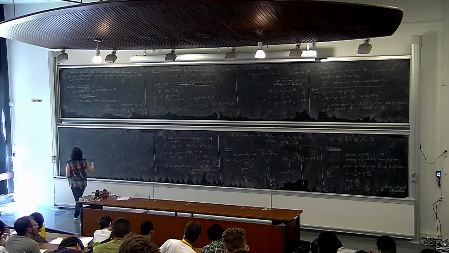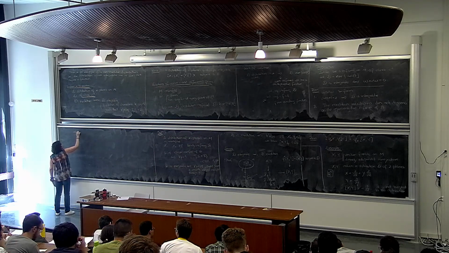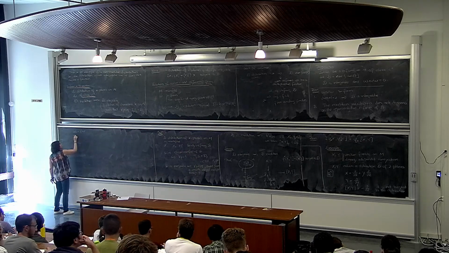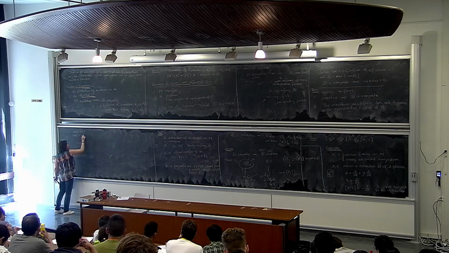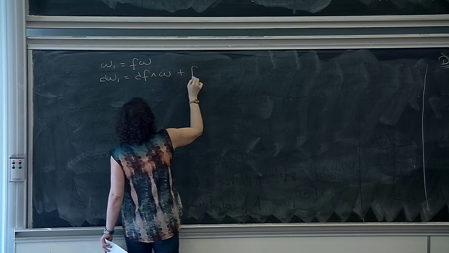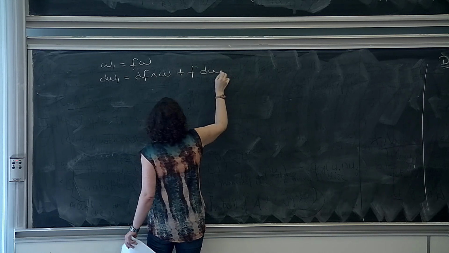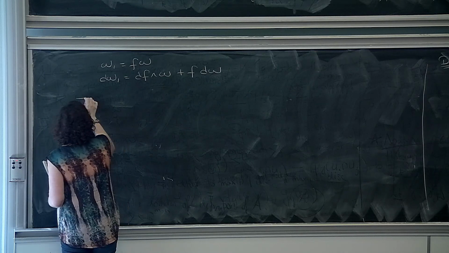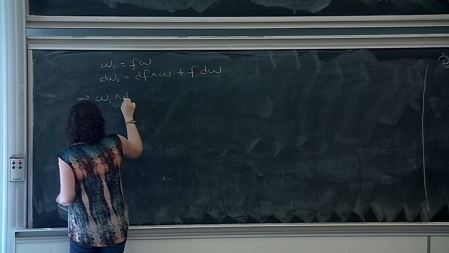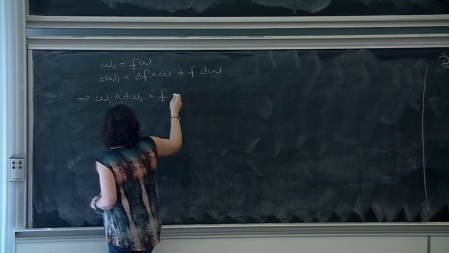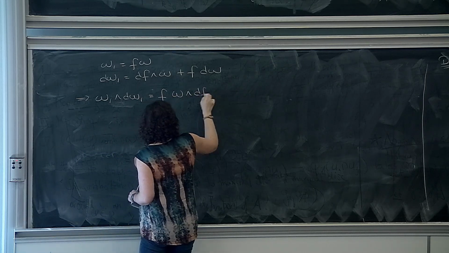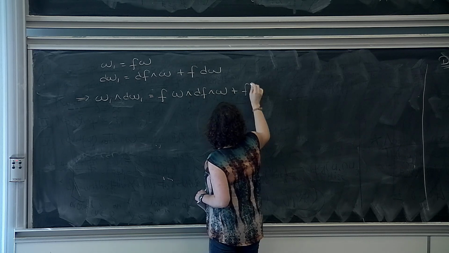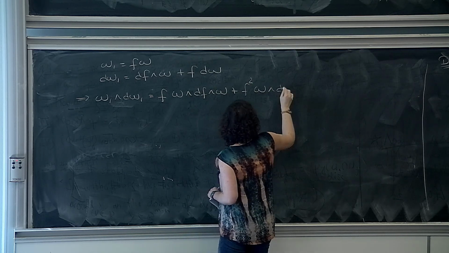So in fact, if I take omega 1 as being fw, the omega 1 is fw plus f dw. And then if we take omega 1 d omega 1, this is fw dfw plus f square w dw.